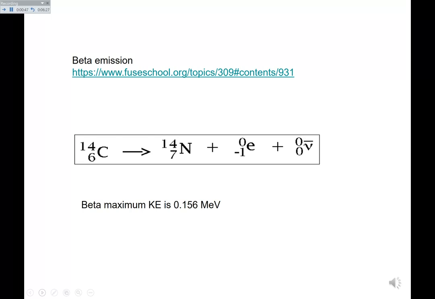In fact, it's not very much at all because it doesn't seem to feature in the numbers. Well, this is an antineutrino, and it is the clue to why it says the beta maximum kinetic energy is 0.156 megaelectron volts. So it's not fixed. It's only a maximum. So moving on.